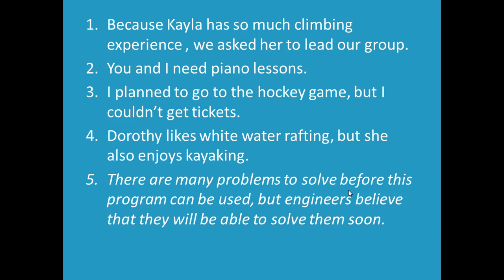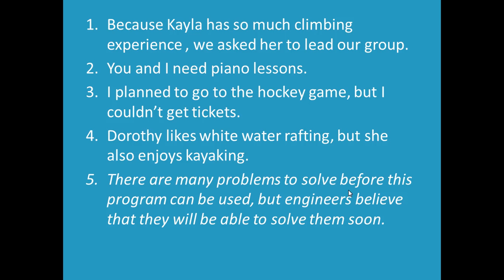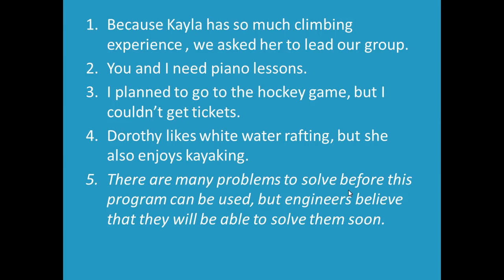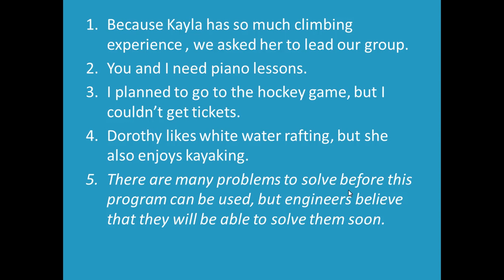Alright. Number 2, you and I need PE lessons, of course, that's simple. Okay. I planned to go to the hockey game, but I couldn't get tickets. That is what? We have 2 independent clauses joined by a conjunction. Dorothy likes whitewater rafting, but she also enjoys kayaking. Compound. You have 2 independent clauses joined by a conjunction.